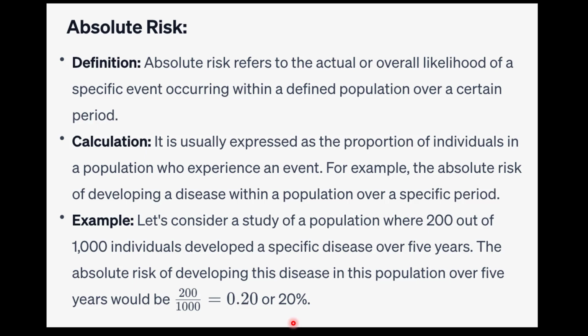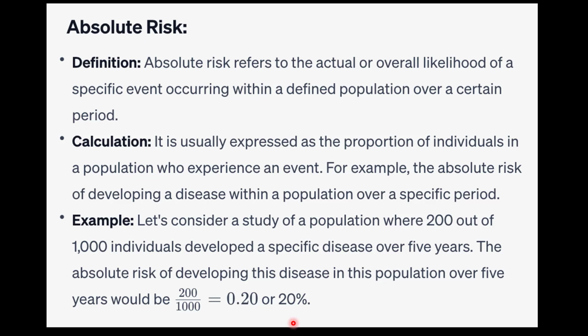The absolute risk refers to the actual or overall likelihood of a specific event occurring within a defined group of people over a certain period of time. So it is not a relative risk. I will not divide it by another risk. It is not a risk ratio. It is one risk, the absolute risk.